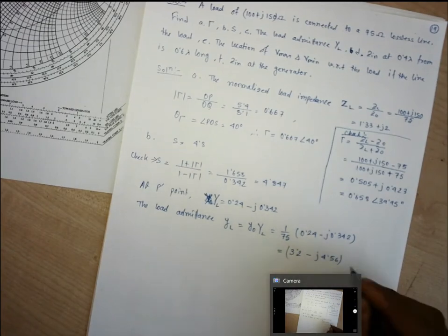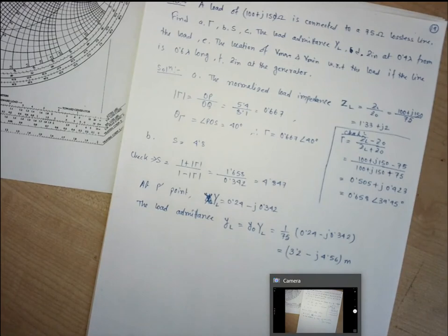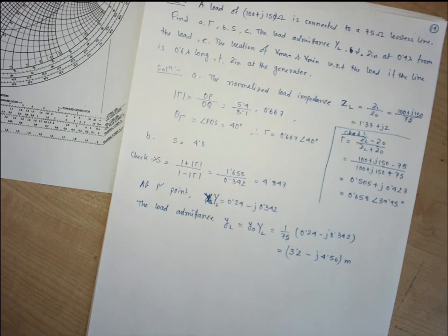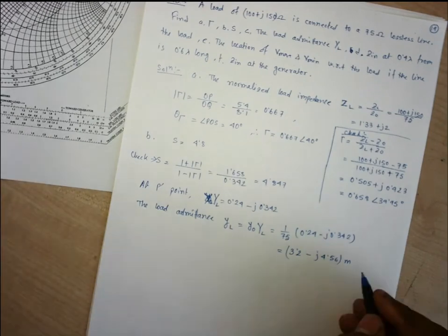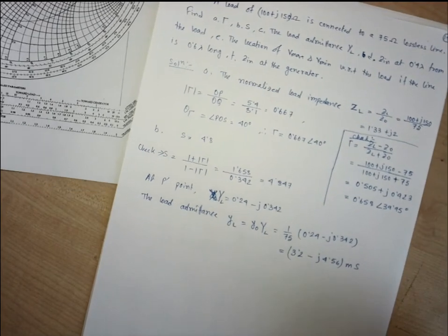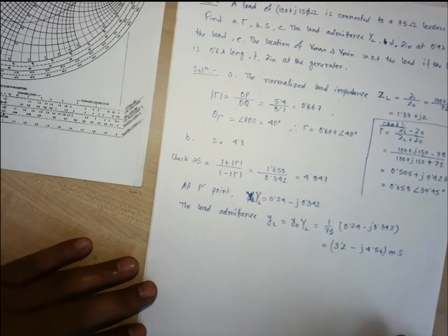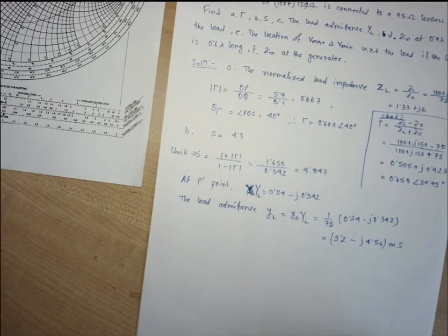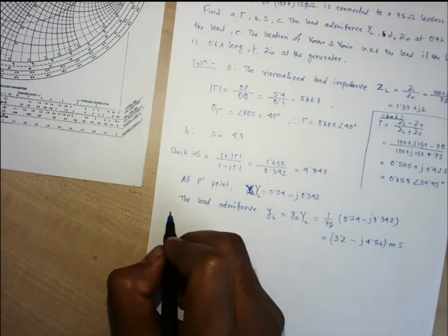What will be the unit of this admittance? Ohm inverse, that is Siemens. Millisiemens. Okay. Next.